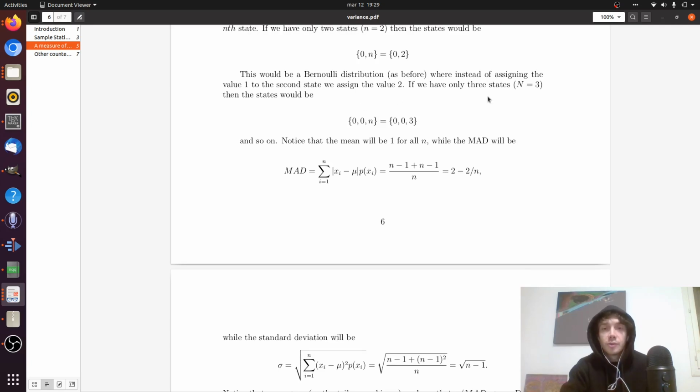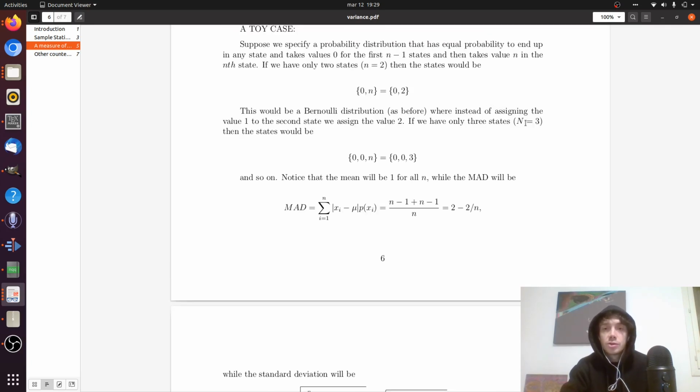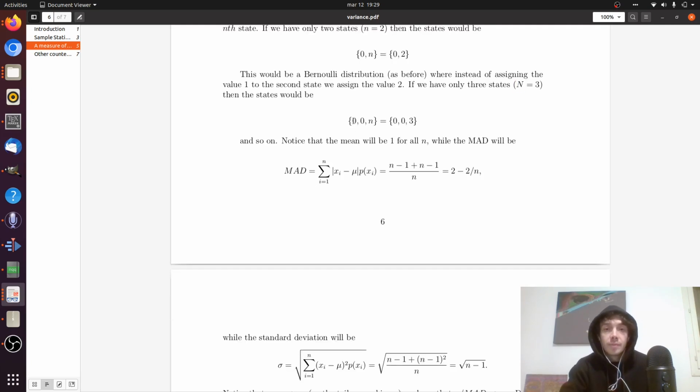Now, if we have n equal to 3, then we would have 3 outcomes. The first 2 would be 0, and the third would be equal to 3, and so on and so forth.